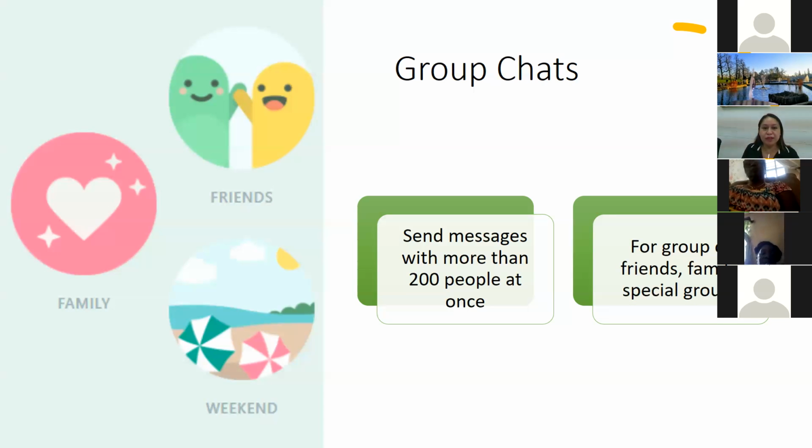But one of the reasons why WhatsApp has also become popular is the group feature. So it allows us to create groups, and the purpose for creating groups could be for any purpose, right? It could be for your organization, it could be for your family, it could be for your friends.